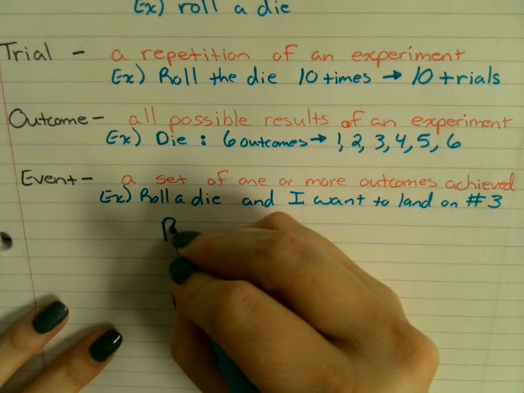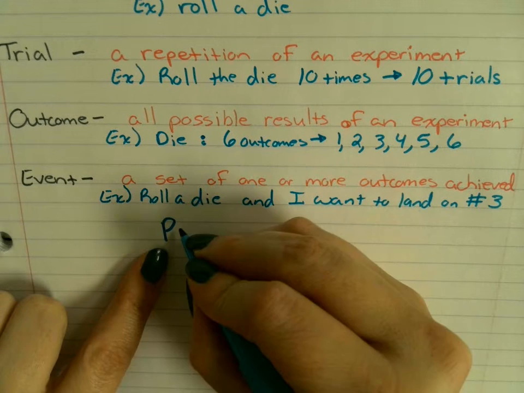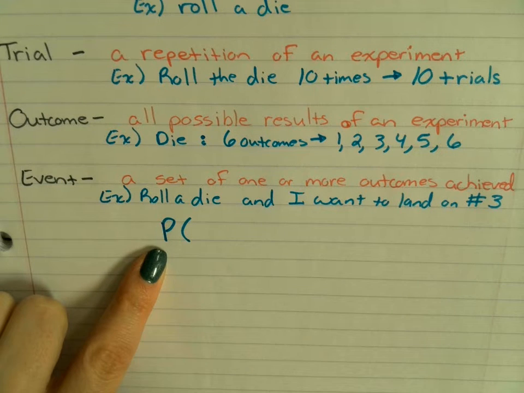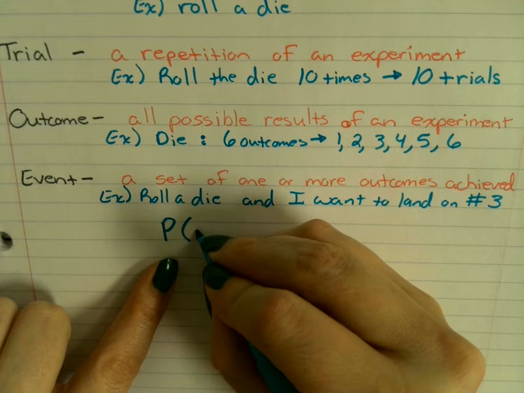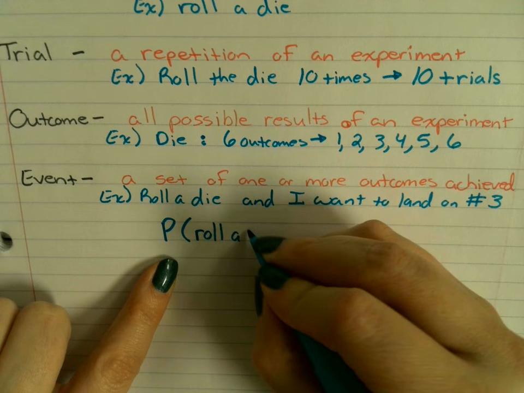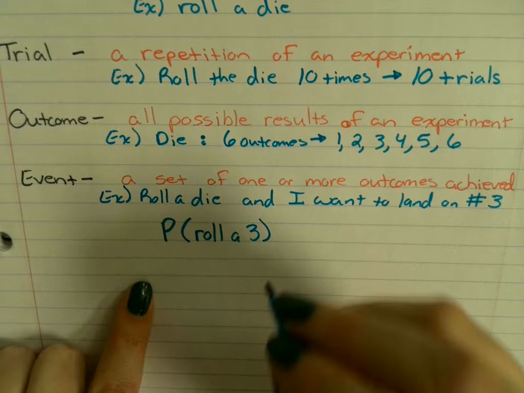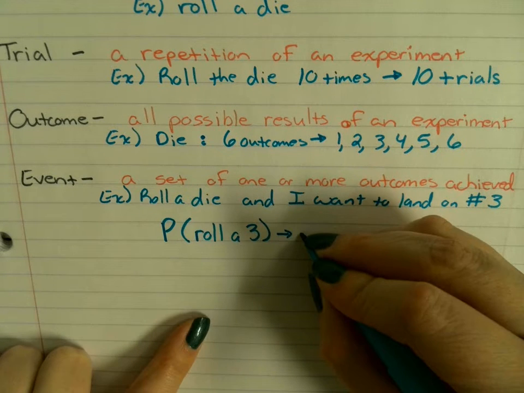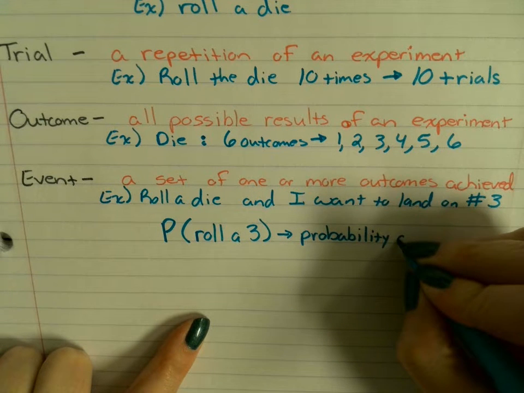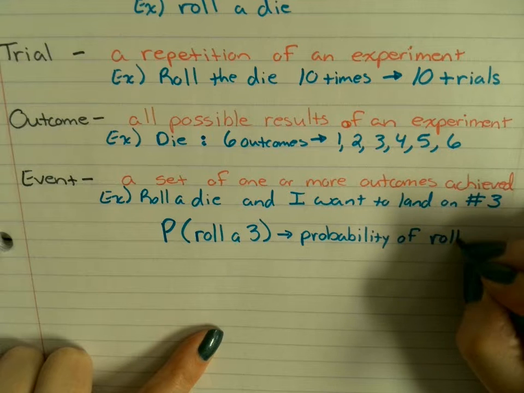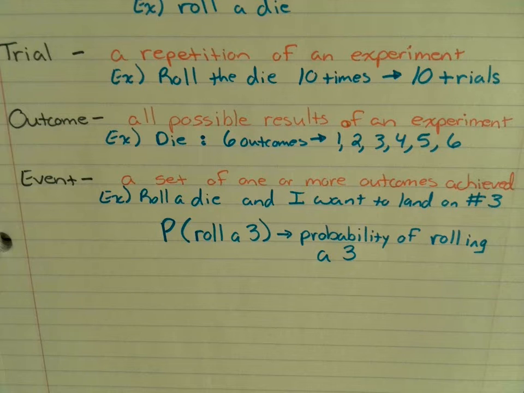And the way that we showcase that, this is how it would be written. We would write P for probability, and then in parentheses, we would put down what event we're looking for. So if I write P and then roll a 3, this means I want the probability of rolling a 3.